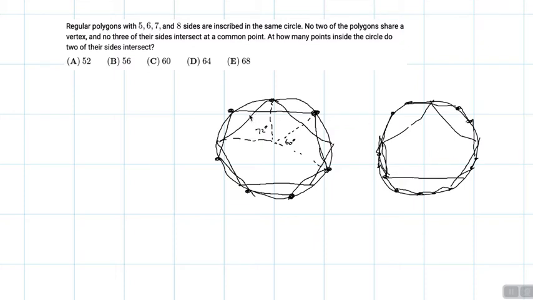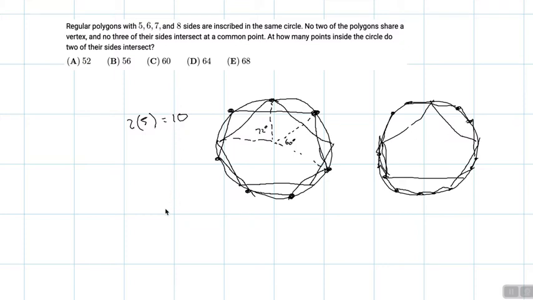And so if we count the number of intersections in each of these cases, for every side of the pentagon, there are two intersection points. So the number of points inside the circle where two of their sides intersect is just 2 times the number of sides of the shape with fewer sides. So 2 times 5 is 10. There are 10 of these points.